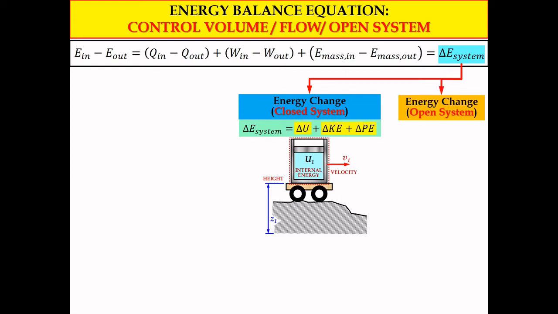Okay, so how about the energy change for the open system? Actually, the delta E system for the open system has a similar equation to the closed system. However, because open system analysis most of the time involves mass flow rate or rate of something, we will consider the equation in terms of rate of energy change.